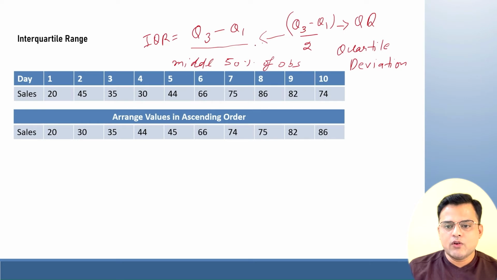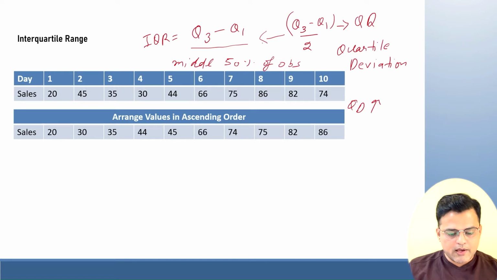If the value of quartile deviation is high, then it indicates large variation among the middle 50% of the observed values. So higher the value of QD, higher the variation, lower the QD, lower the variation.